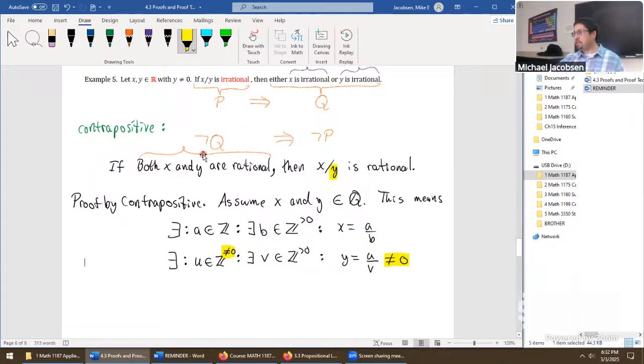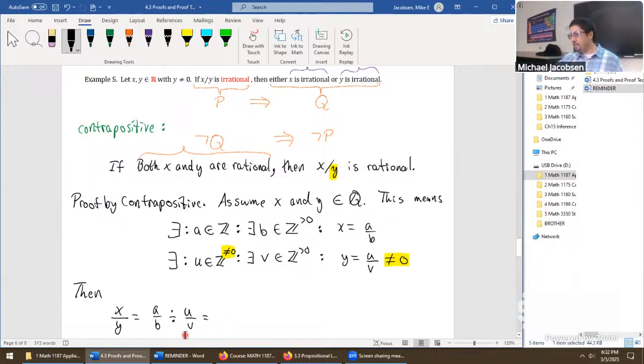So let's say, with not Q done, we'll directly go over here and write out x over y. Well, this is just going to be x, a over b, divided by y, u over v.